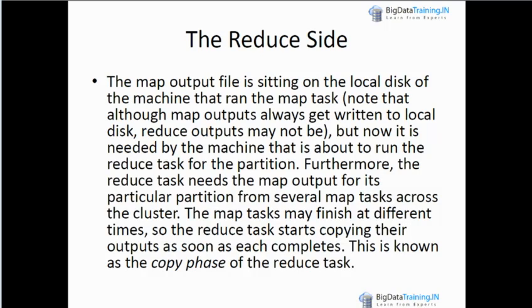Your reducer sits with the machines that ran the map tasks and collects the output of all your mapper tasks together and keeps it. This is what you call the copy phase. Let's understand that.